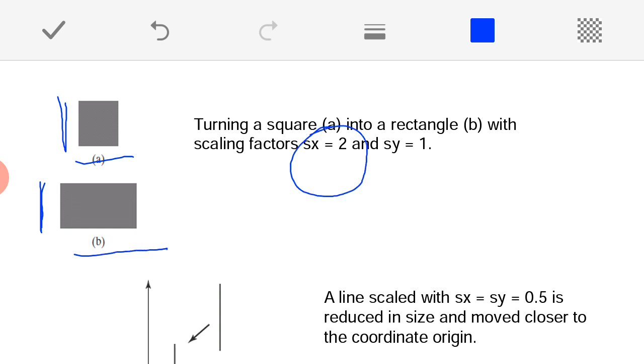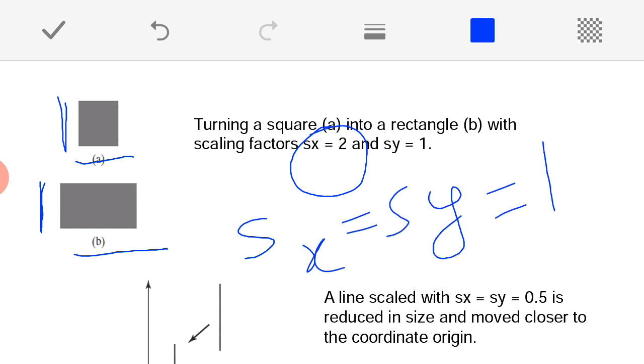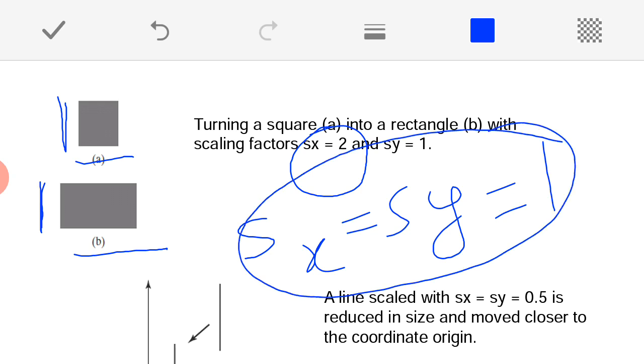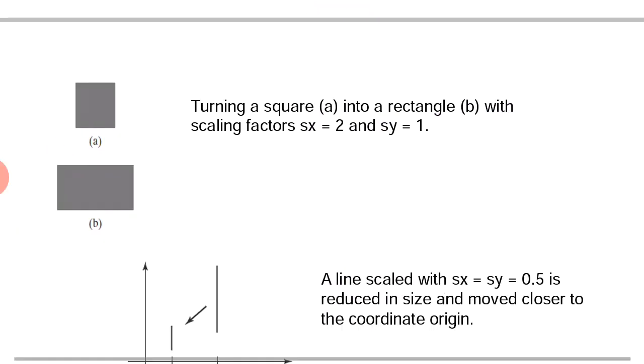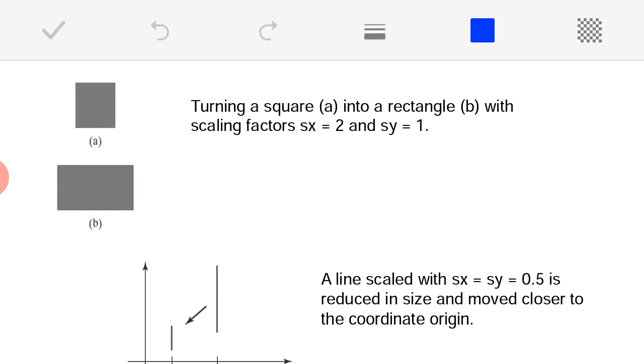So, always remember these very important points in scaling. In scaling, if the scaling factors sx is equal to sy is equal to 1, then there is no change in the size of the object, because the object size remains the same. If sx and sy are both 2, then automatically the size will be doubled.